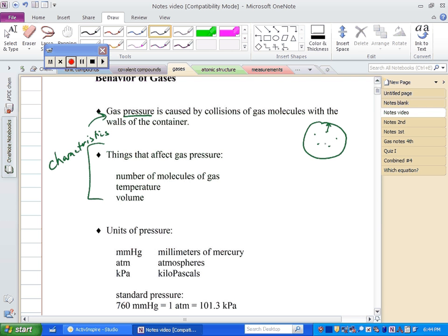Now, pressure is force per unit area. Things that will affect gas pressure are the number of molecules of a gas, because more particles would give you more force.